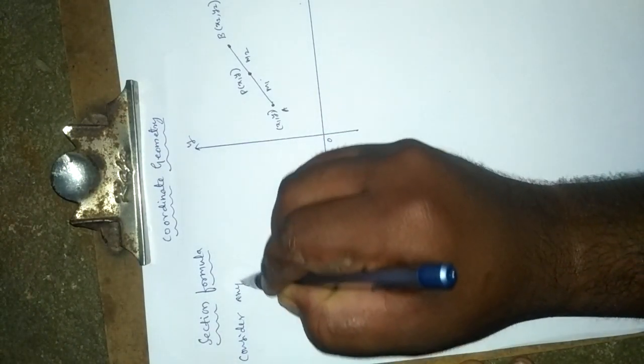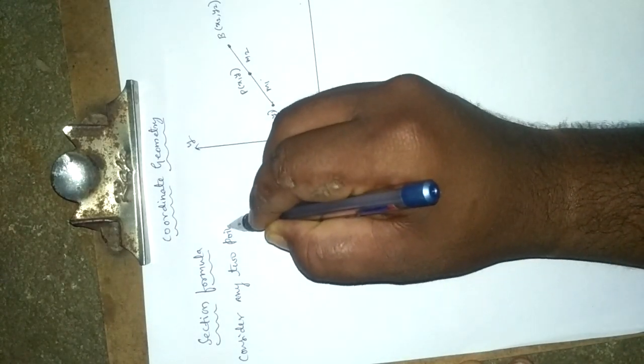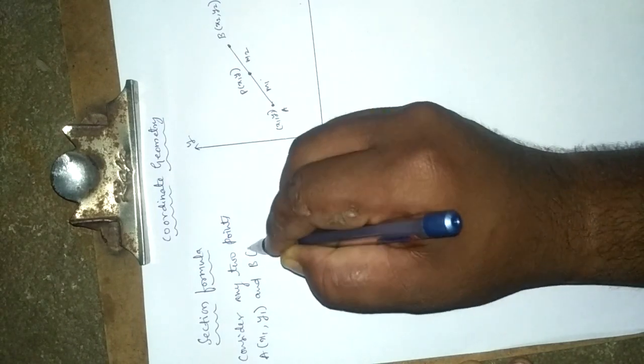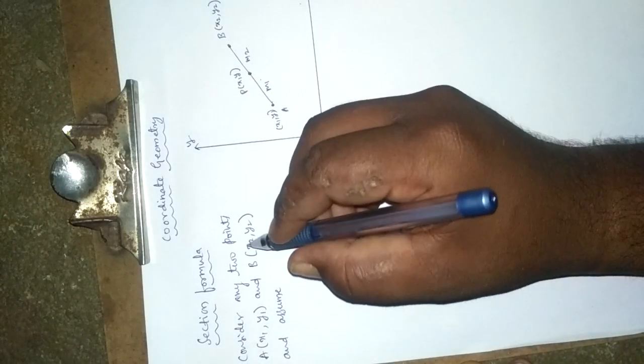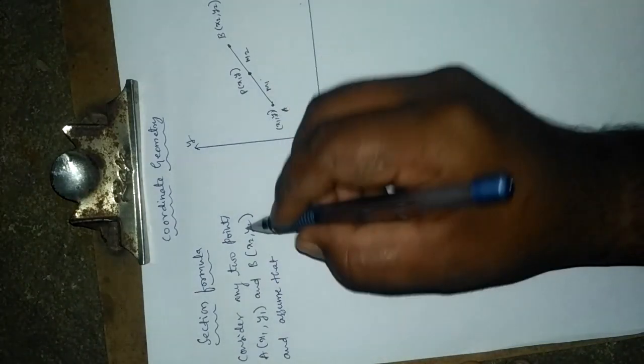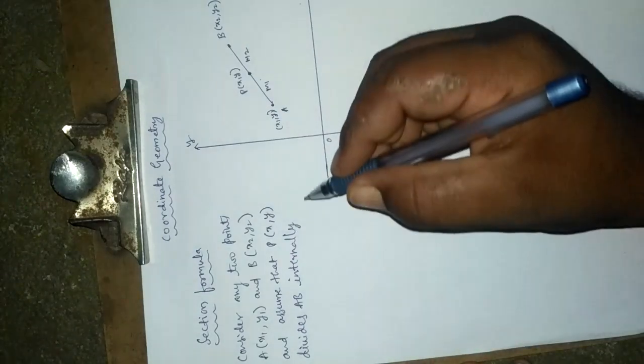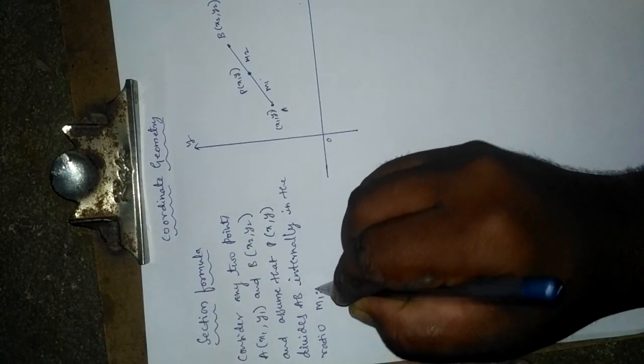So consider any 2 points, A of x1 comma y1 and B of x2 comma y2, and assume that there exists a point P. Assume that P of x comma y divides AB internally in the ratio M1 is to M2.